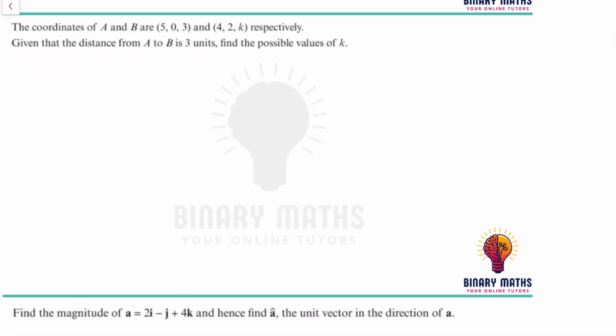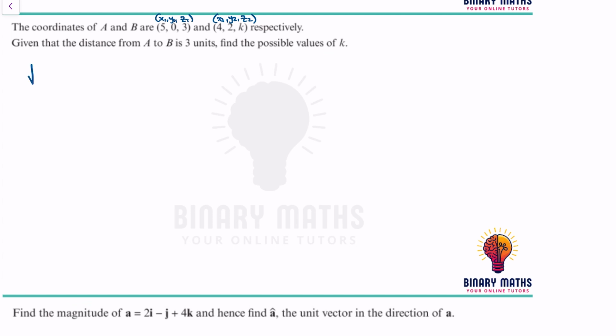The coordinates of A and B are 5, 0, 3 and 4, 2, k. So this is x1, y1, z1, x2, y2, and z2. Given that the distance from A to B is 3 units, find the possible values of k.